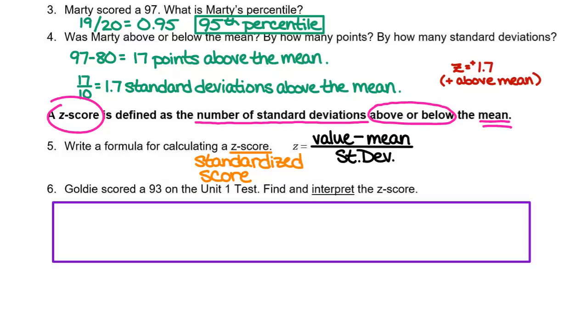So value minus mean divided by standard deviation. What is her z-score? 1.3.